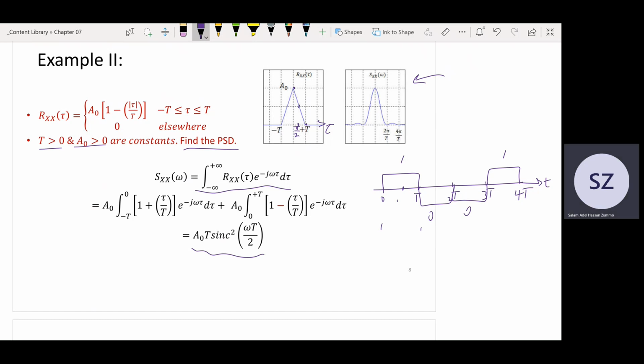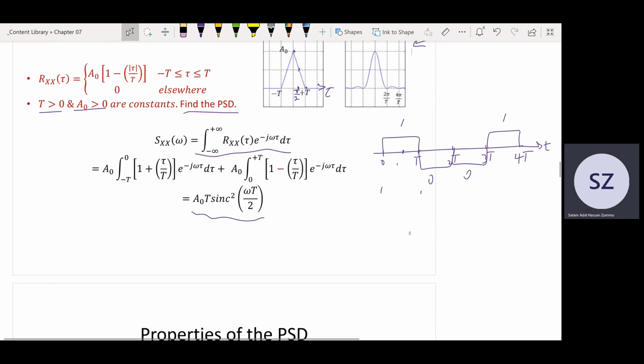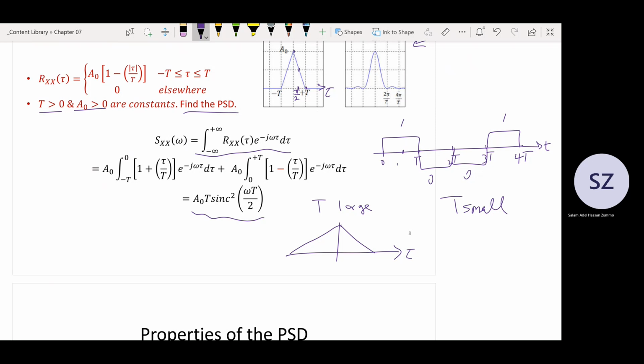So let's consider two situations here: when T is large, and when T is small. T large, what do you have as the autocorrelation function? Well, wide, right? Wide because T is large. So it will look like this. This is T, this is minus T. This is the autocorrelation function, isn't it?